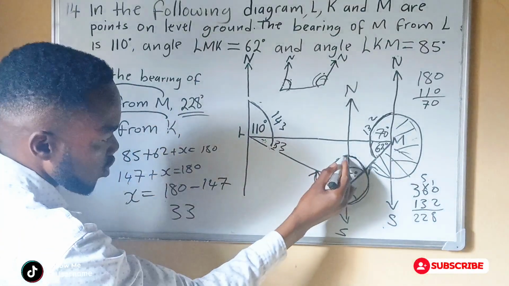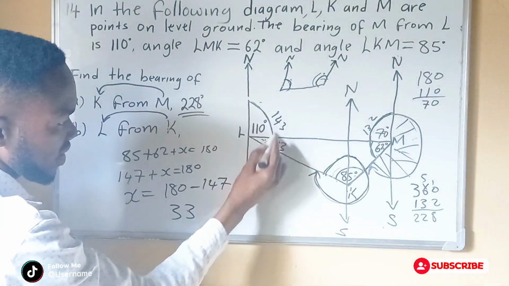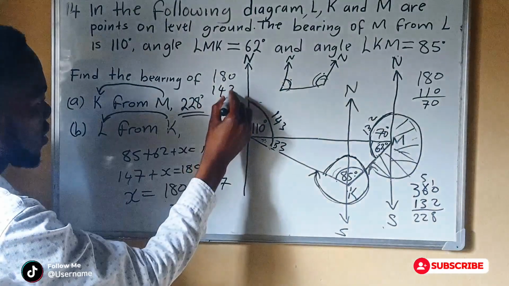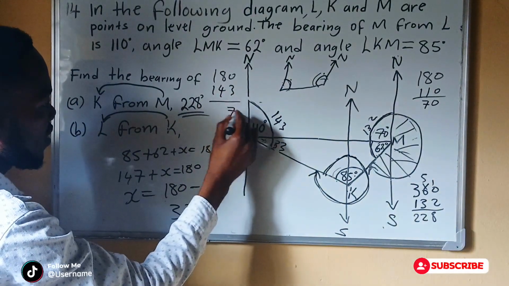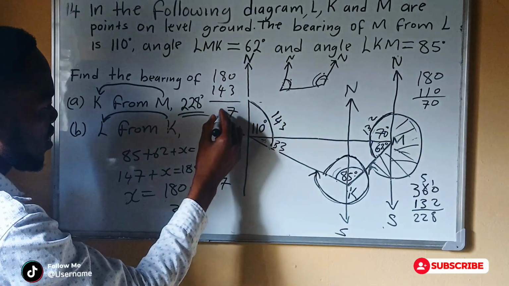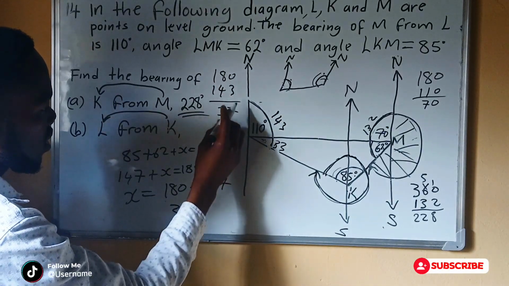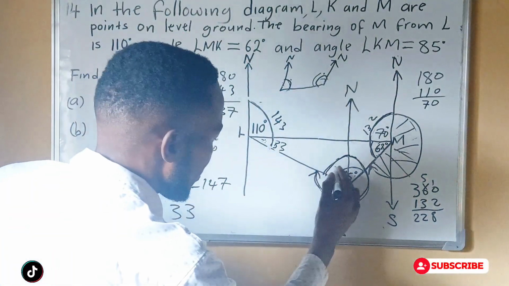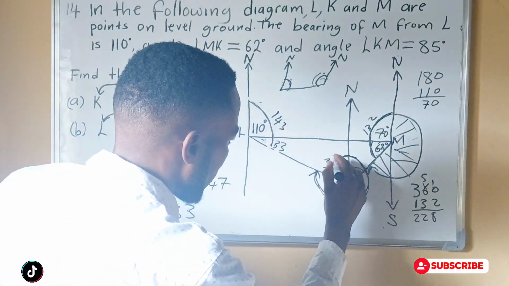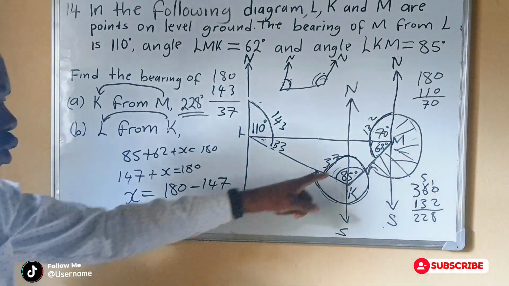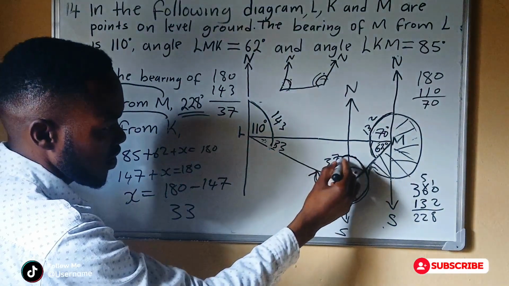So we say 180 minus 143, it will be 37. That means here there will be 37. So we have found the angle which is here is 37.